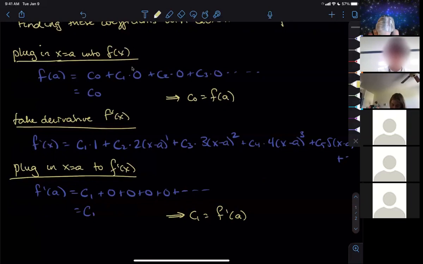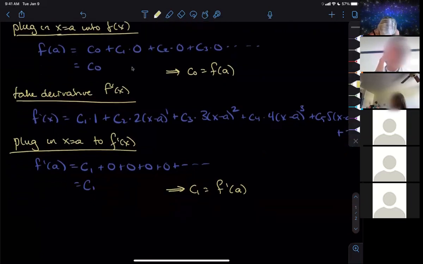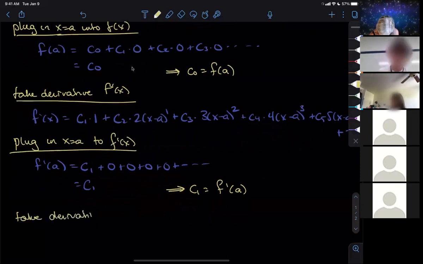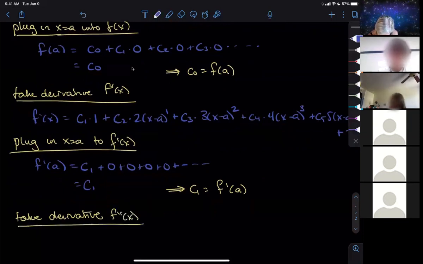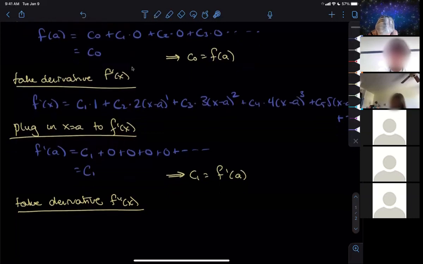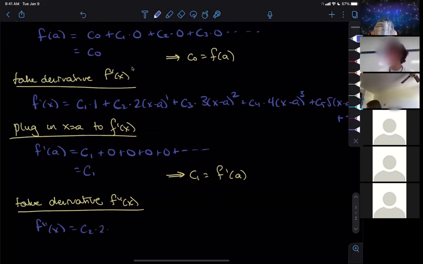Okay, so let's just keep doing the same thing. Take another derivative, f double prime of x. Okay, so we're looking at this line right here. I'm going to take the derivative of this line. Well, when we do, this is a constant, that goes away to 0. This is going to be C2 times 2 times the derivative of this thing. Derivative of this thing is 1. So I've got C2 times 2 times 1.